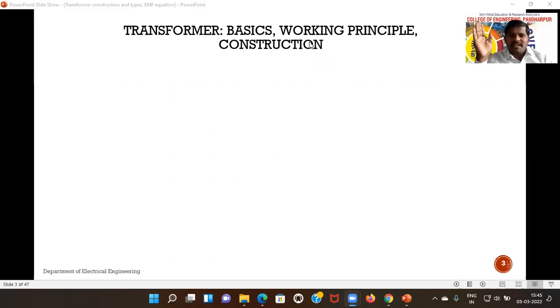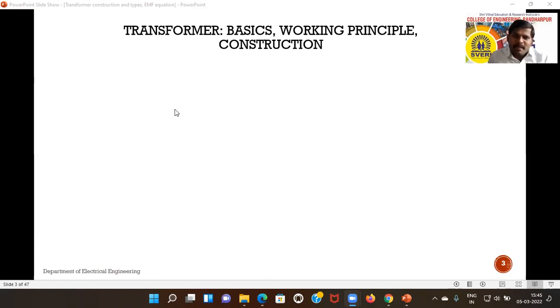It can transfer a power from one circuit to another circuit with change in its voltage or current, but without change in its frequency. Right? It will change either voltage or current, but without change in its frequency.